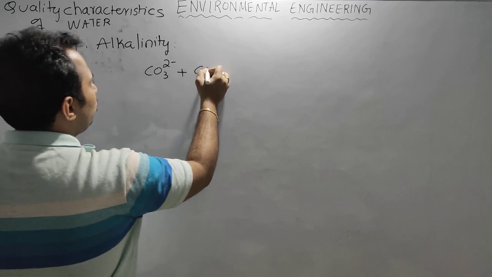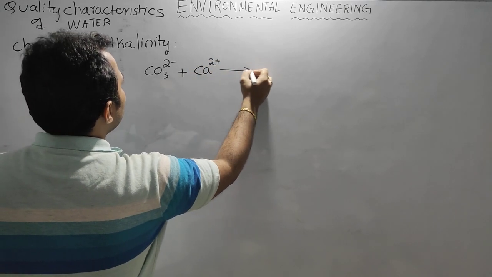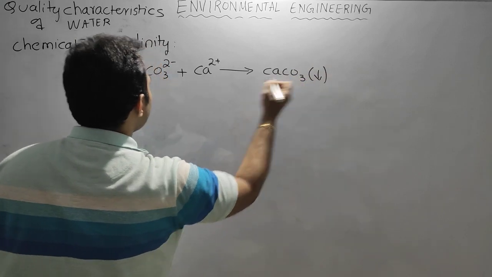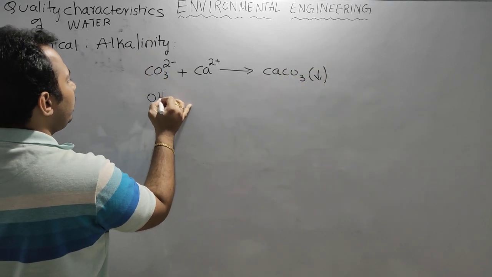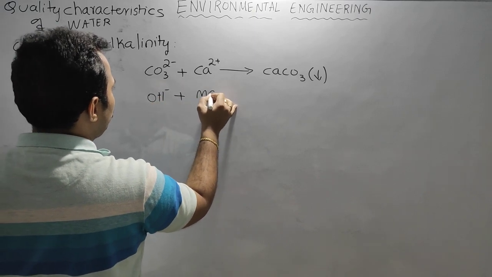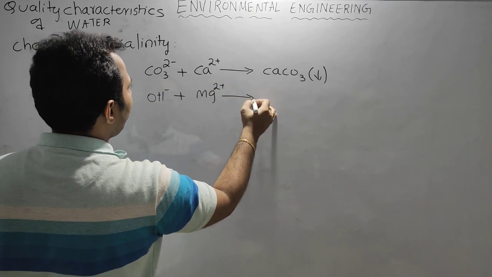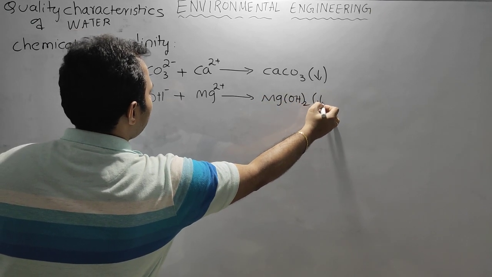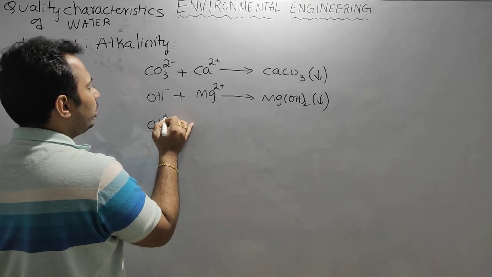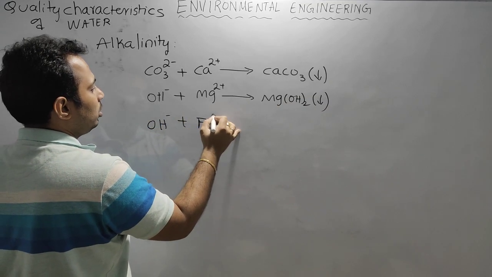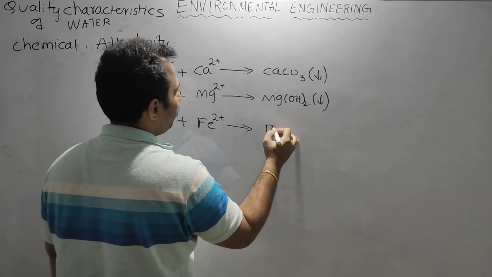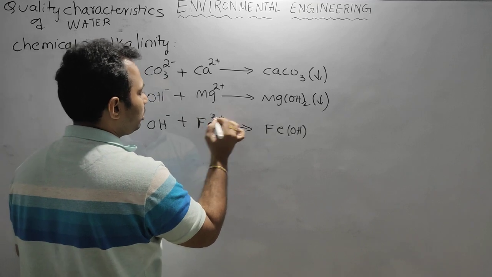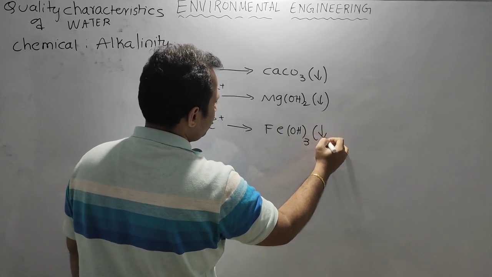Like Ca2 plus, if present, forms a precipitate of CaCO3. Similarly, OH minus reacting with Mg2 plus forms a precipitate of Mg(OH)2, and with iron, Fe2 plus or Fe3 plus, it forms Fe(OH)3. So these are all precipitates.